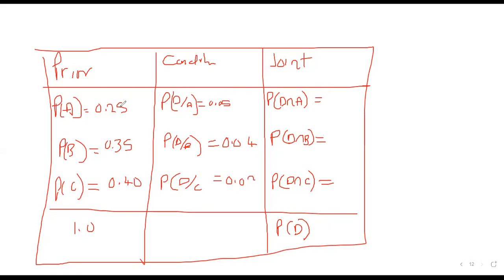0.05 times 0.25. 0.125. Because it's 0.05. Then here, next.